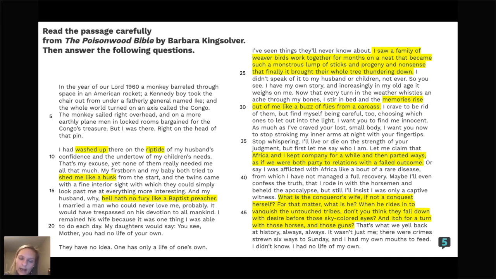This is kind of like either an extended metaphor or personification, really more personification, because she's giving the entire country of Africa a human trait that kept her company, that they hung out and then they parted ways, like they were both party to relations with a failed outcome. There is a simile in that phrase too. So it's like a simile and personification in the same sentence.